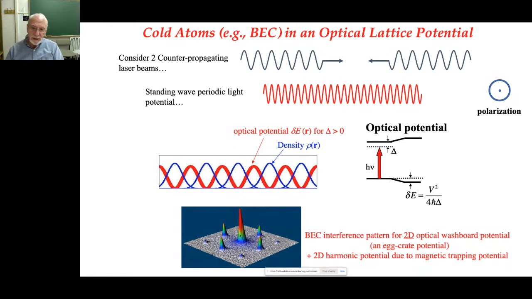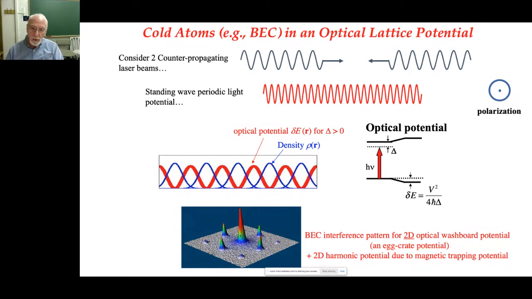I'm going to be interested in cases where there's only one atom per lattice site, because I want to make sensors and I don't want atoms to collide. I don't want a collision event which can change the spin of the atoms.